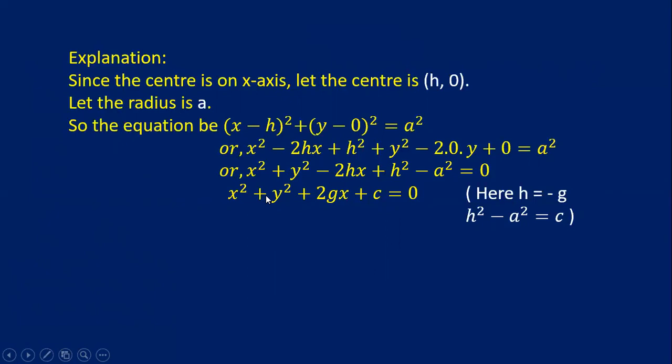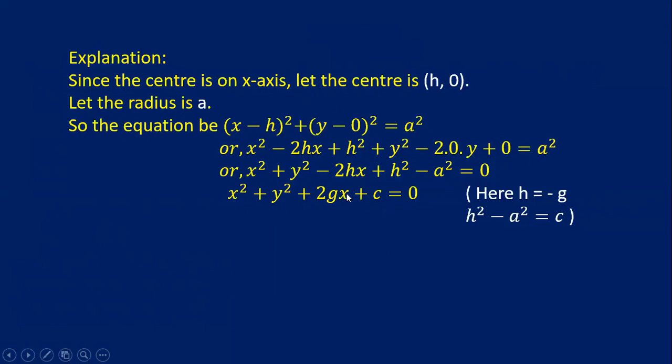So what I wanted to mean is, when the center is on the x-axis, then in the equation of the circle we do not have the y term. Since the center is on the x-axis, we do not have the y term in the equation.